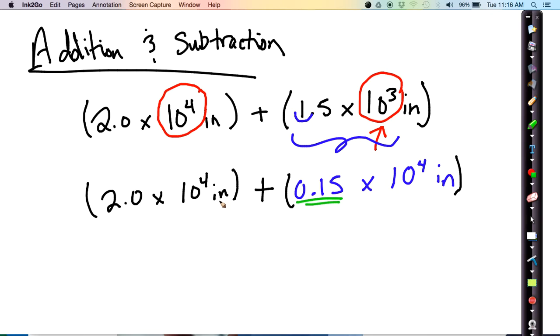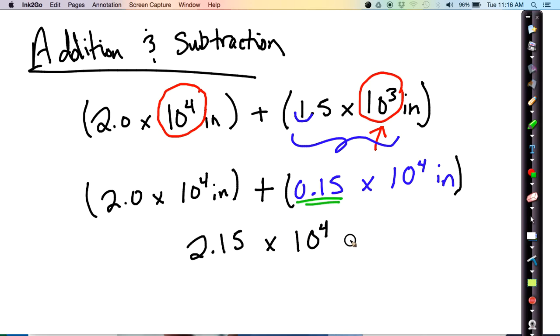And once you've converted so that your measurements have the same exponent, it's really quite simple to add those two numbers in scientific notation. You simply take the coefficients and add them together. So we've got 2.0 and we've got 0.15, so that's going to work out to be 2.15. And then we keep the exponent, 10 to the fourth. Both of our measurements had the same exponent, so we're going to keep that exponent.